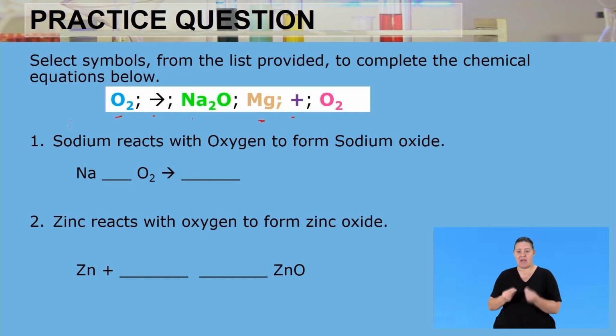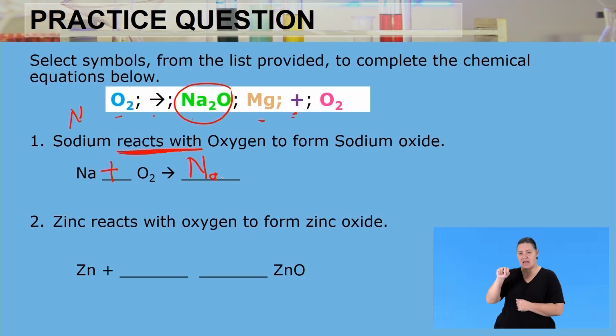So sodium, it is Na, we know, reacts with, this means it must be added to something. So Na plus, so our first symbol is going to be the plus. Na plus O2 reacts to form sodium oxide. Sodium oxide is given from the list provided. So this is going to be Na2O.